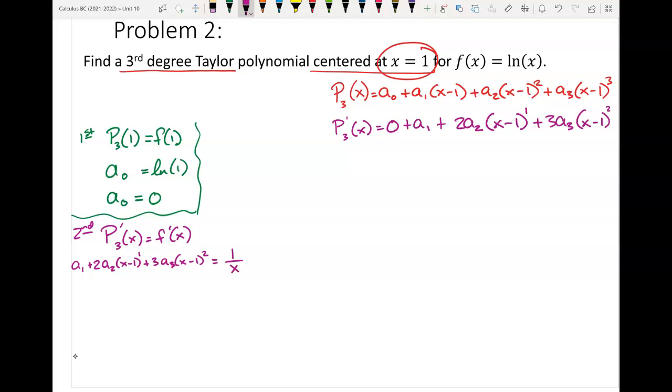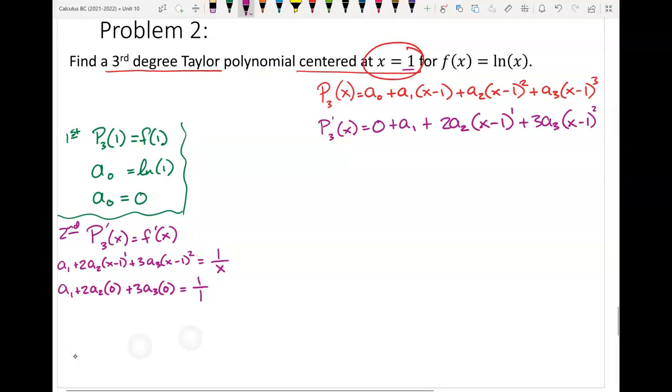This is centered at 1, so we plug in 1. So that's going to be a sub 1 plus 2 times a sub 2 times 0 plus 3 times a sub 3 times 0 equals 1 over 1. So then a sub 1 is going to be equal to 1.